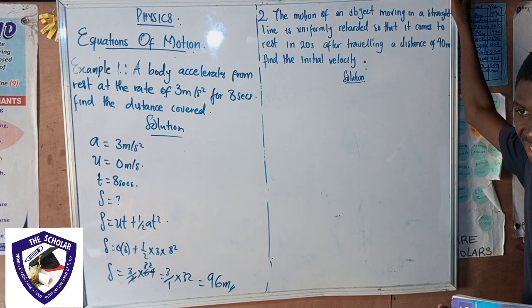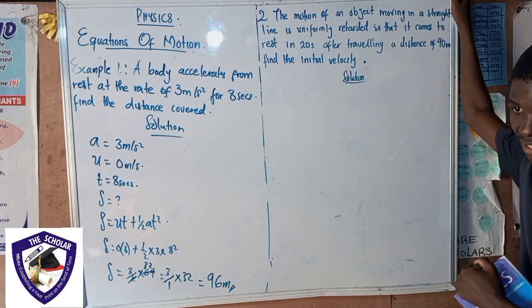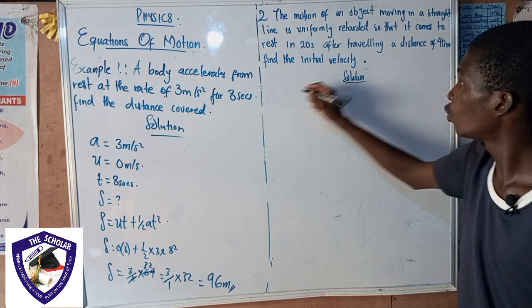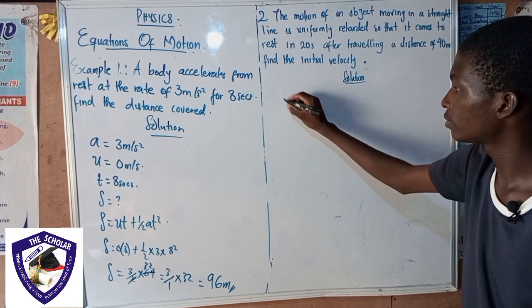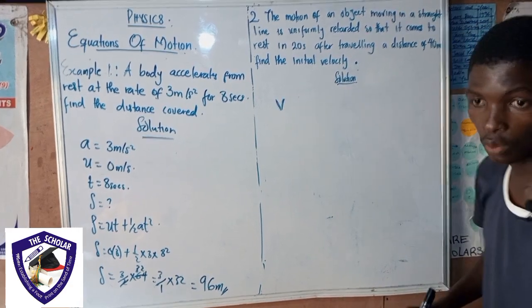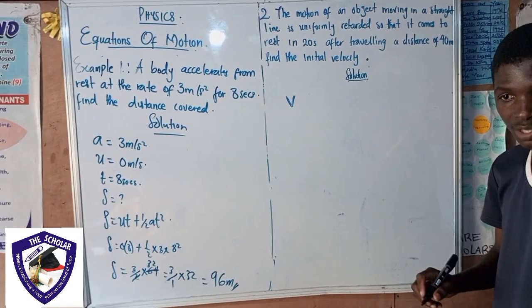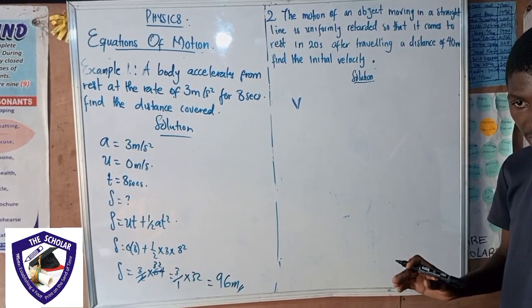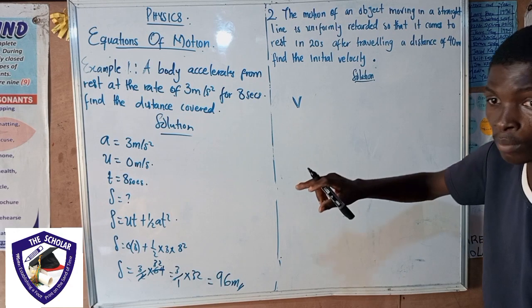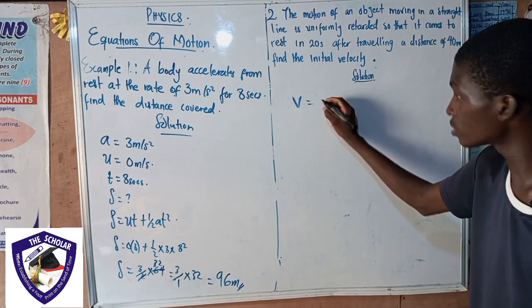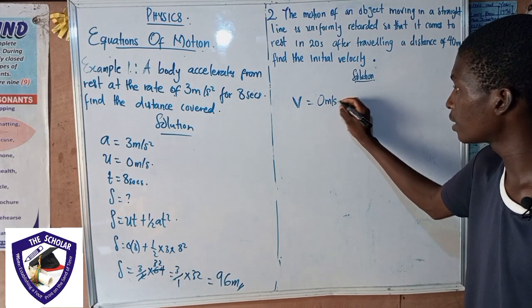Are you getting this? The initial velocity here has a value. But we have our v, which is our final velocity. Now they say it is coming to rest. That means the final velocity here now becomes 0 meter per second.